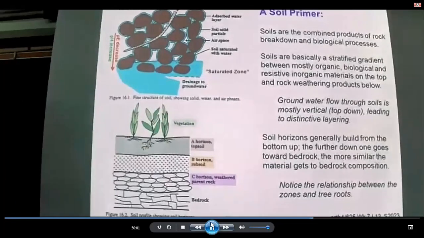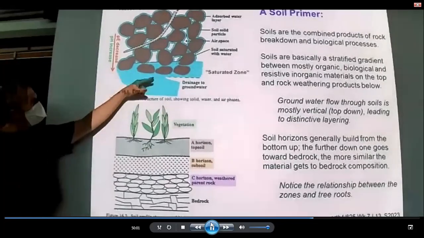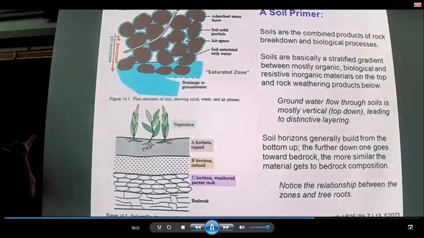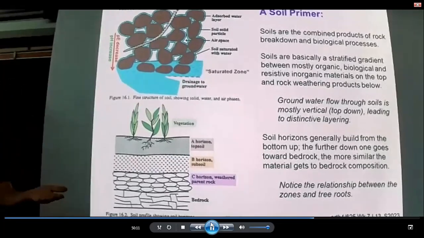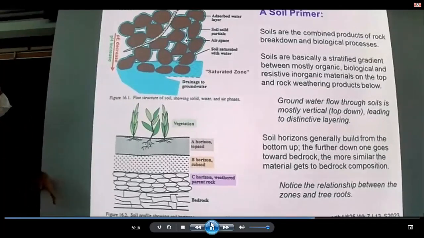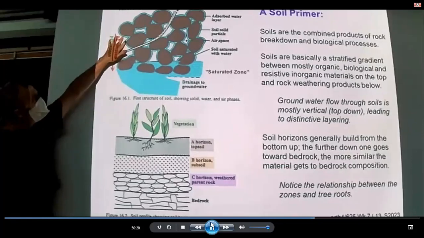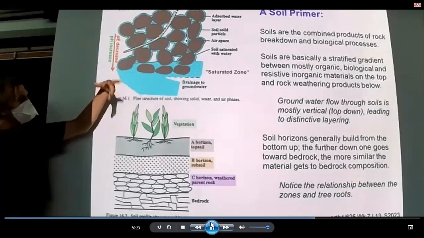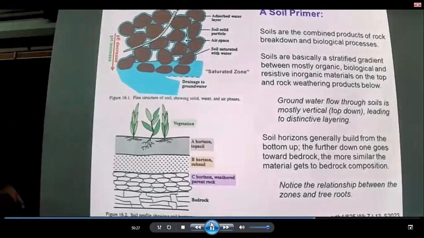At some point with depth, and this depends on the amount of water flowing through and the porosity of the soil, the rate at which water can drain through, we will reach a zone of saturation, the so-called water table. Various interesting things happen once we reach this horizon, such as the water becomes interconnected and it can flow through and start to leave the system and feed into groundwater.